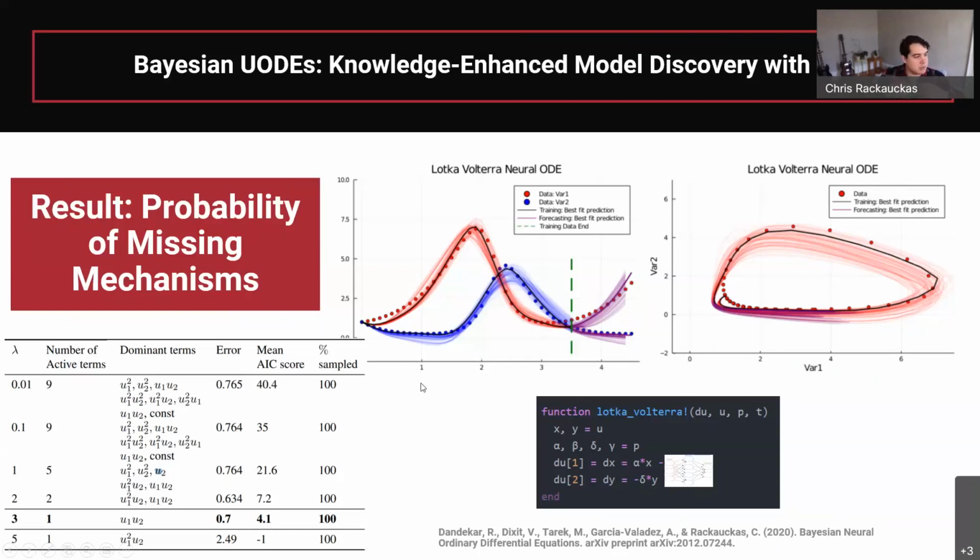Well, once you have a Bayesian posterior over your neural network weights, you can take samples from that posterior, and then you can ask the question: what percentage of the time does a symbolic regression give you a quadratic function? What percentage of the time does it give you a cubic function, right? And this can give you some kind of uncertainty quantification on the probability of missing certain mechanisms from your model.